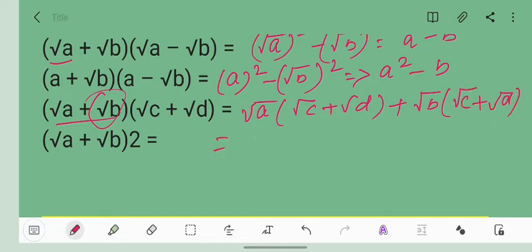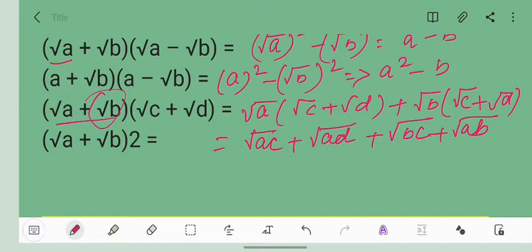So the result will be √(ac) plus √(ad) plus √(bc) plus √(bd). So this is the result of this particular identity.